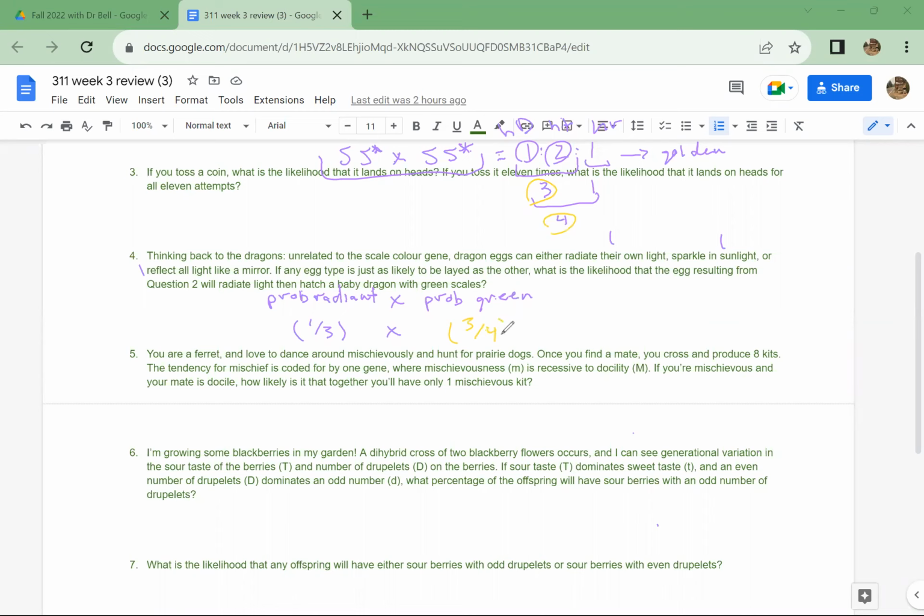So the probability of these 2 independent events happening together is their individual probabilities multiplied by each other. And 1/3 times 3/4 is some number that I forgot.